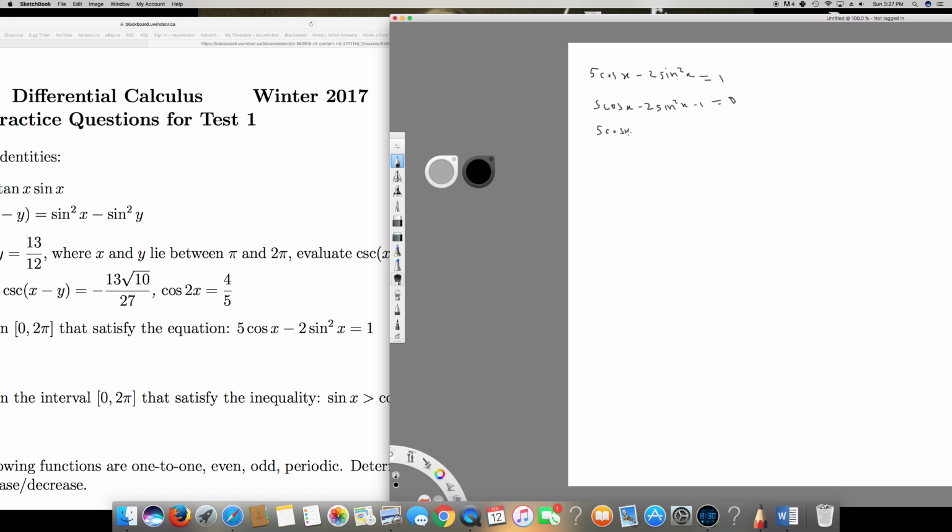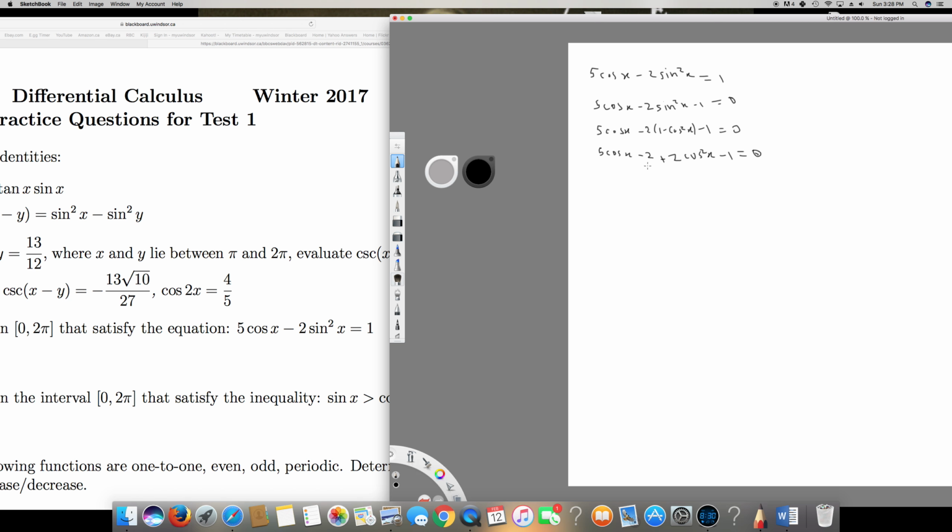5 cos x minus 2 times 1 minus cos square x equal to 0. So it's going to be 5 cos x minus 2, and minus going to plus, so it's going to be plus 2 cos square x minus 1 is equal to 0.